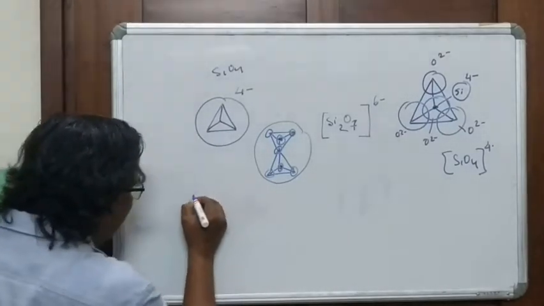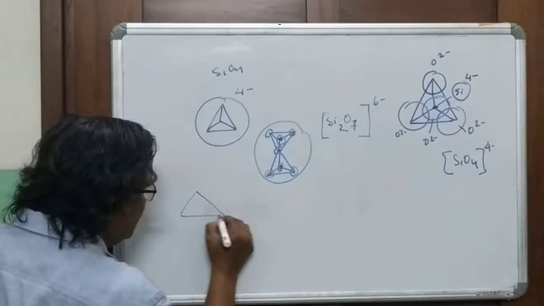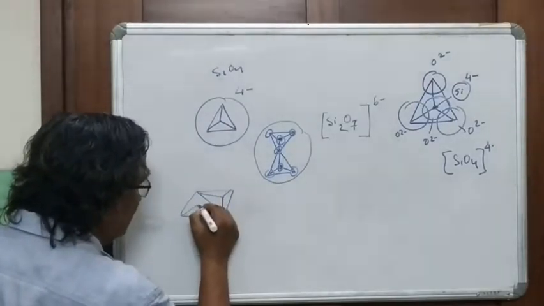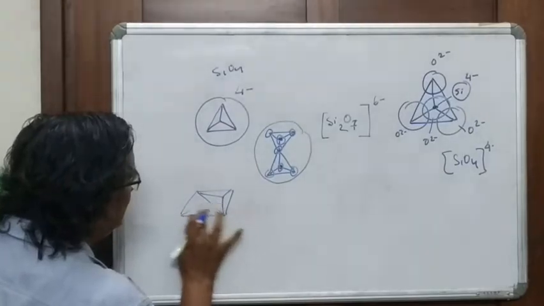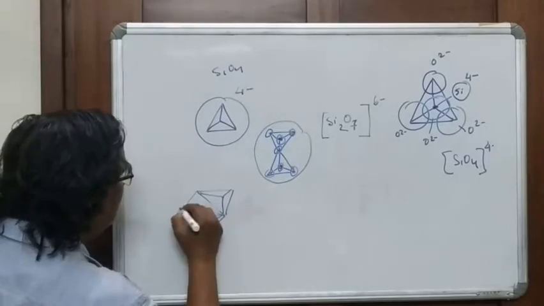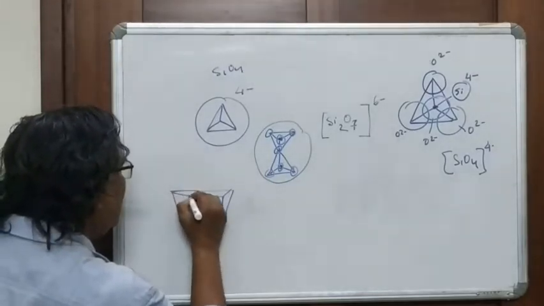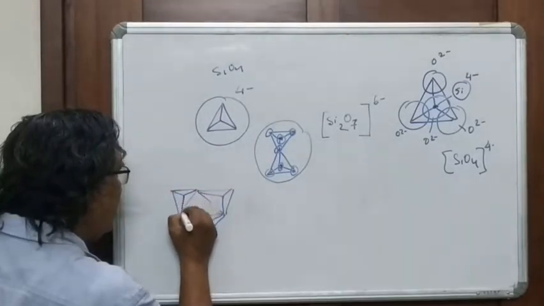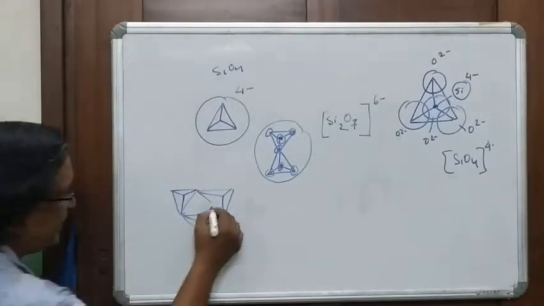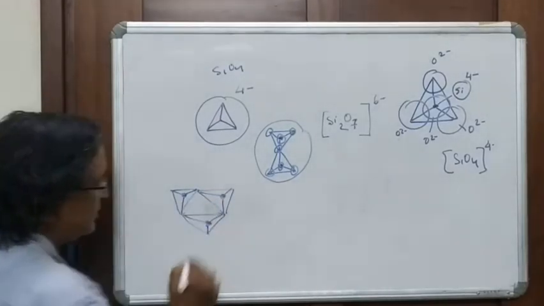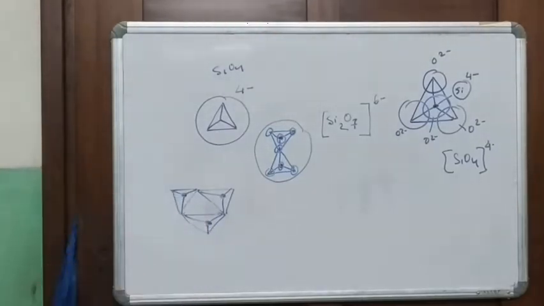Similarly, you can have a tetrahedra which is arranged in the form of a triangle. So you can see they are formed in a triangle. Here there are 3 silicon atoms, but you can count the number of oxygen atoms.